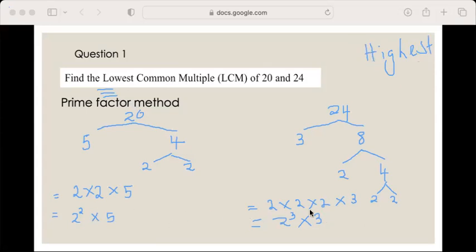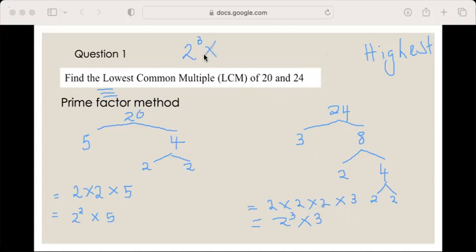Now, if you take the highest of the factors, 2 is one of the factors of 20 and 24. But for 20, it is 2 times 2, 2 squared. And for 24, it is 2 times 2 times 2, 2 cubed. So the highest power of 2 is 2 cubed. Do you understand? 2 times 2 times 2 is the highest.